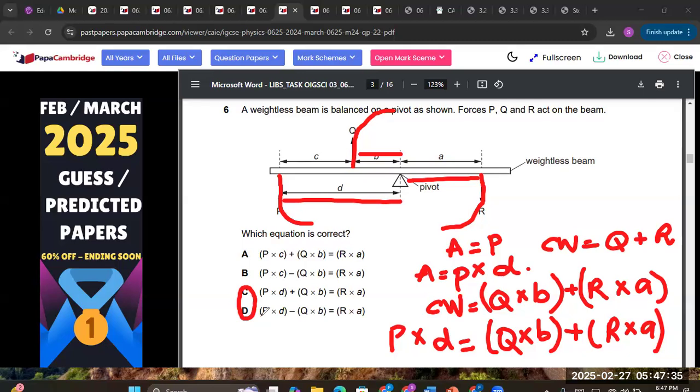Option D is saying P into D minus Q into D. That is possible if we move this to the other side of the equation. So P into D minus Q into D is equals to R into A. So the correct answer is option D, right? Making sense? Yes.